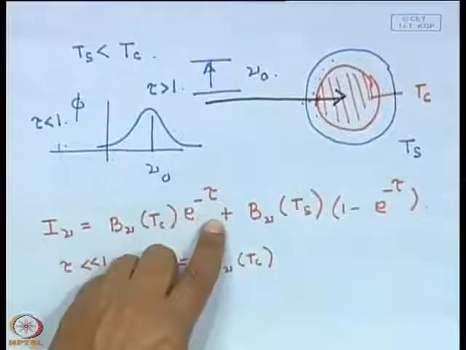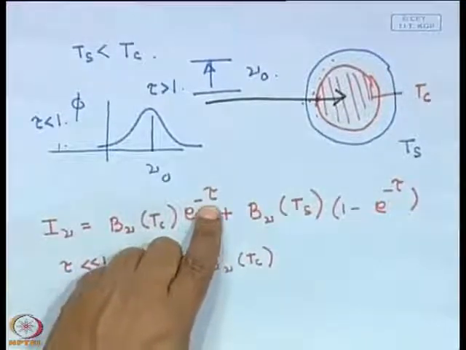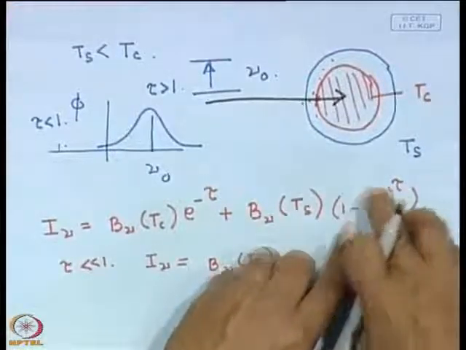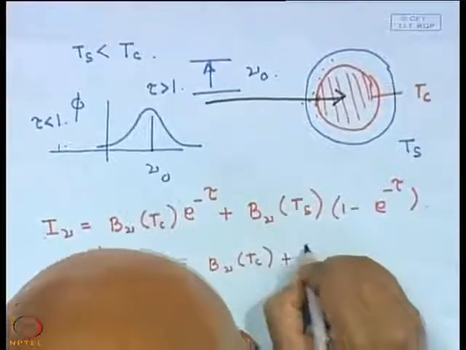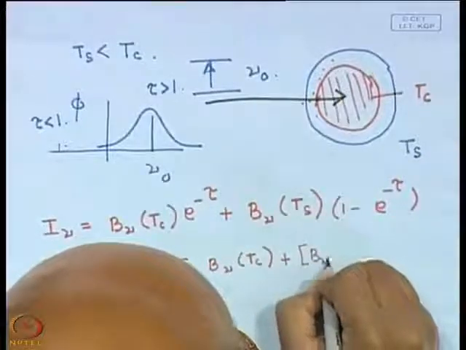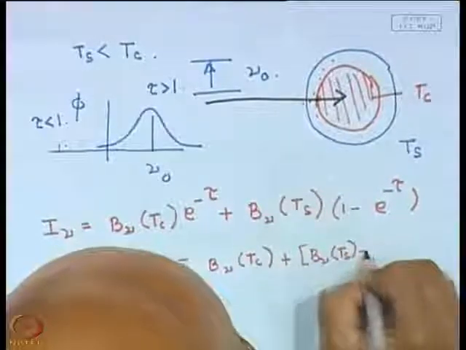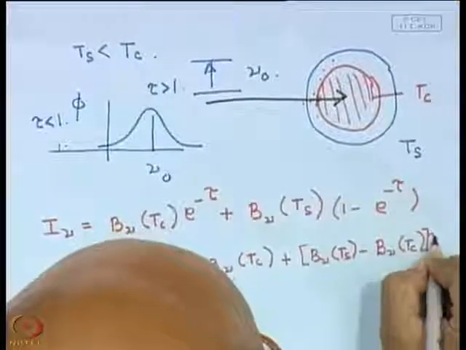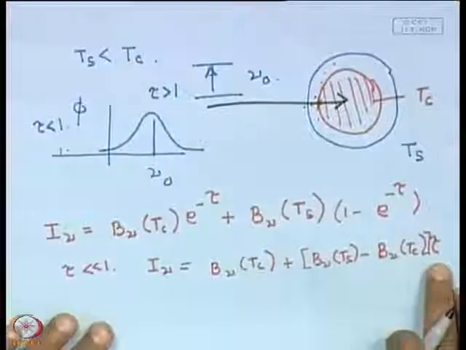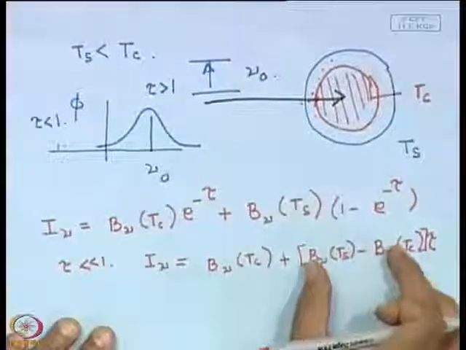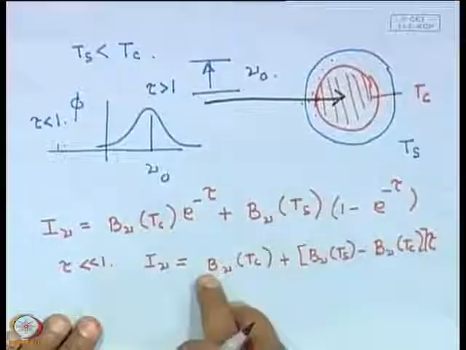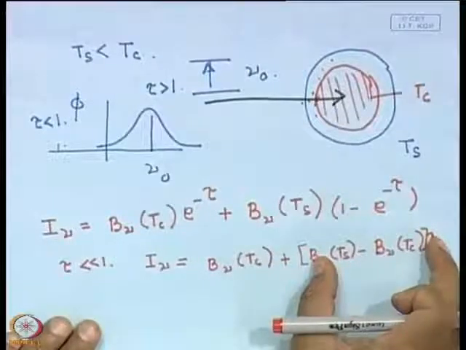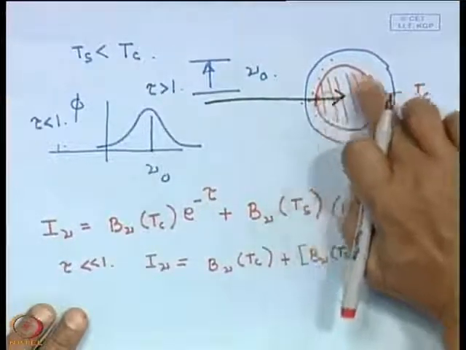If I do a Taylor expansion of this now, this will become 1 minus tau, and this will become just tau. So I have plus something into tau, right. If it is optically thin, this is a negative number, so there will be a small decrement, and as tau tends to 0, this small decrement will be gone. So I will essentially see the black body spectrum of this.